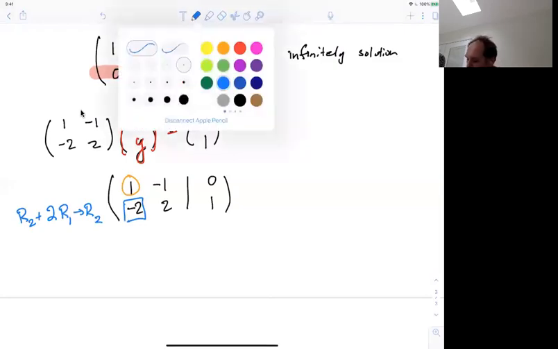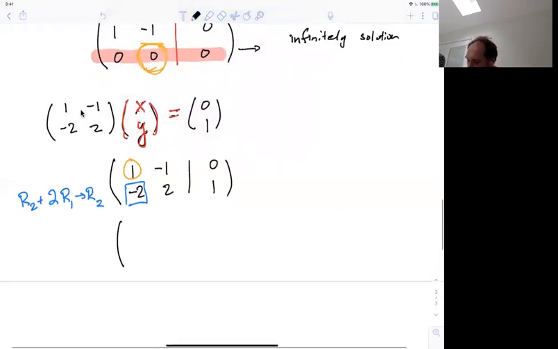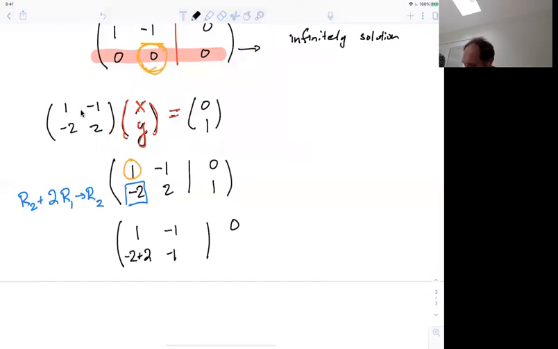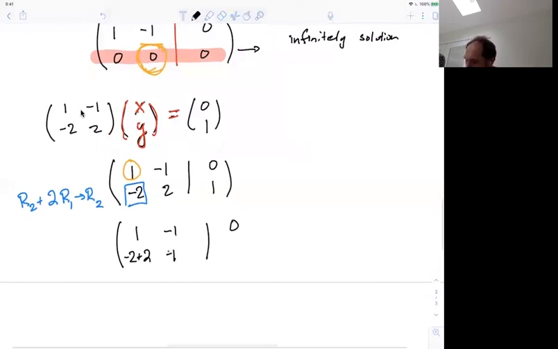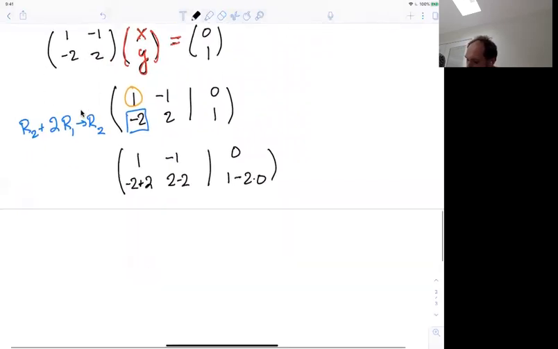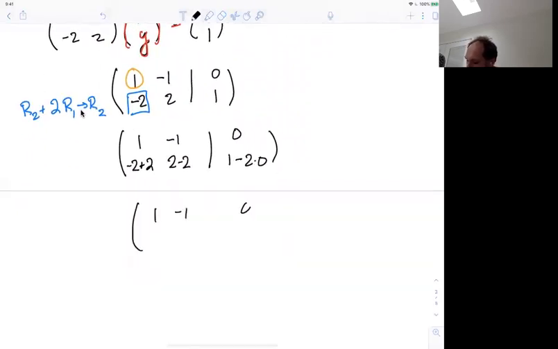What do we end up with? We're going to end up with the same row on top, and at the bottom we end up with the same thing, except now we have a different row.